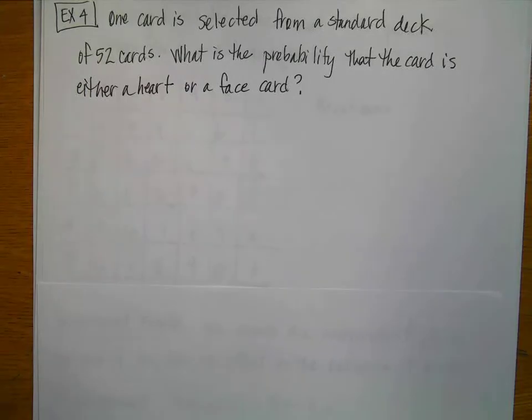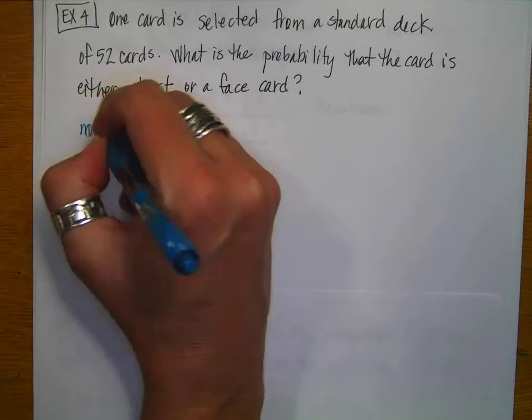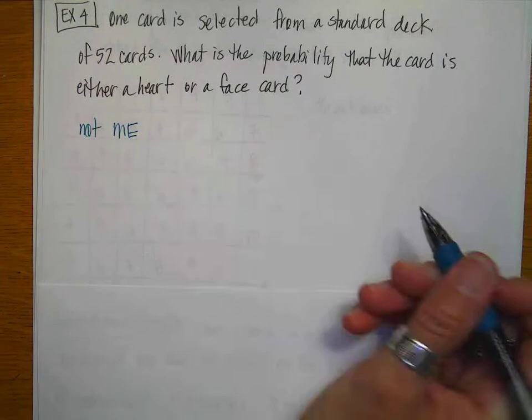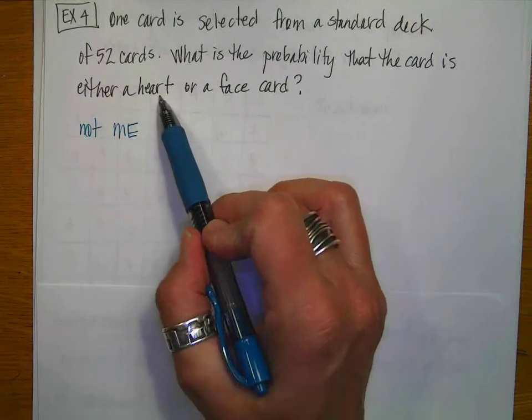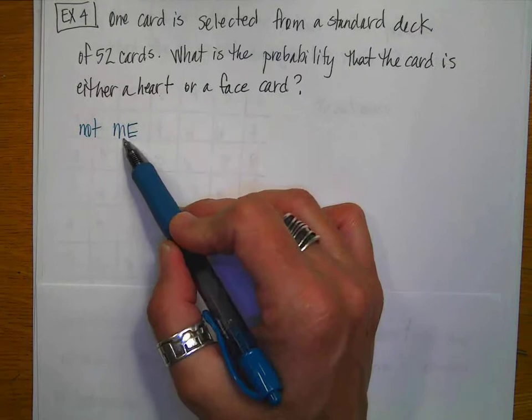So for our next example, example number 4, okay? All right. So we have one card being selected from a standard deck of 52 cards. So it says, what is the probability that the card is either a heart or a face card? Okay, so these events are not mutually exclusive because I can have a heart that is a face card.